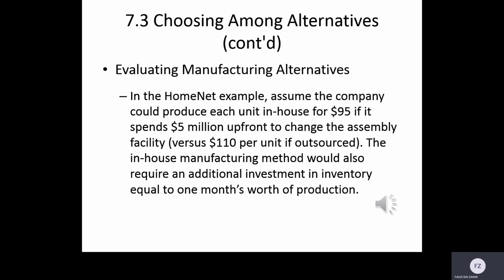If Linksys were to produce in-house, the cost would be lower, $95 per unit, but you have an additional upfront or fixed cost of 5 million to change the assembly facility, and Linksys also has to make an additional investment in inventory, equal to 1 month's worth of production. So we'd like to figure out which of these alternatives is better.